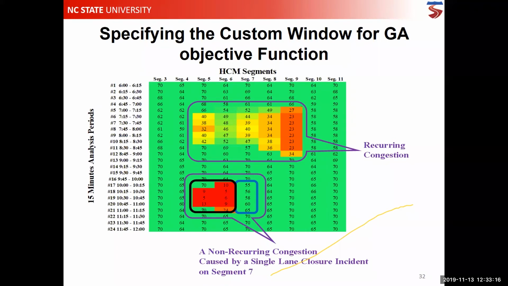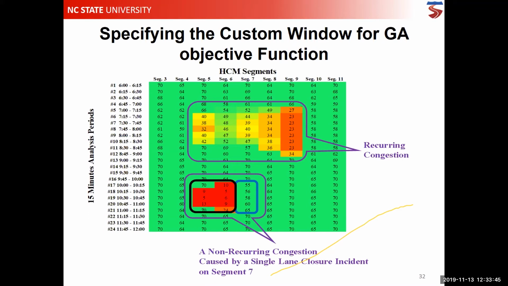So what we really need is a revised genetic algorithm that is able to adjust the capacity adjustment factor for a subset of time periods in the segment where we are seeing the incident, as I'm showing here in this graph in a blue box.